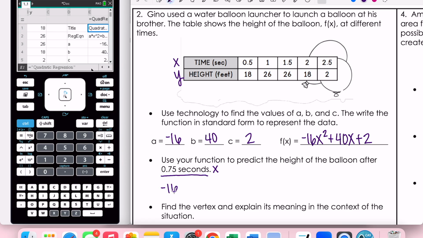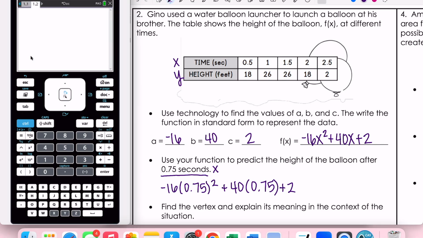So this is going to be negative 16 times 0.75 squared plus 40 times 0.75 plus 2. So here, let's open up a calculator window, and we are typing in negative 16 parentheses 0.75 squared plus 40 times 0.75 close parentheses plus 2. Now, when I press enter, I end up getting 23. So here, this equals 23 feet.